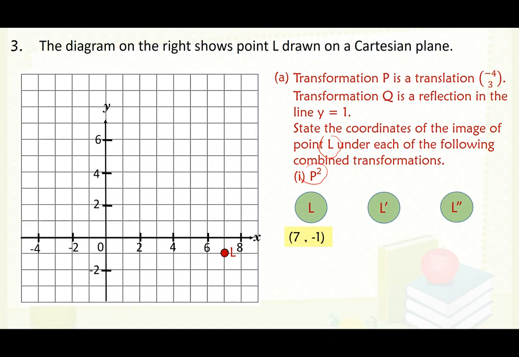So L is 7 and negative 1. How to go to L prime? P squared, that means it's PP. So it will go through translation 2 times. So translation negative 4, that means X will go to my left hand side 4 times, and Y will go up 3 times.